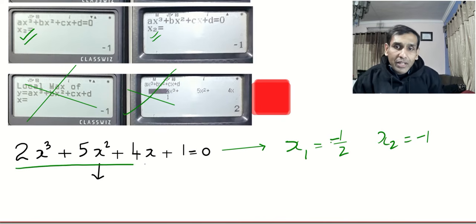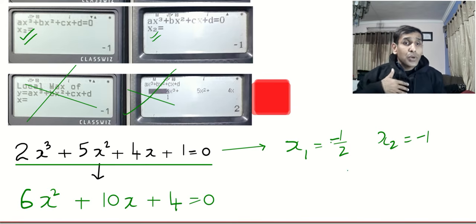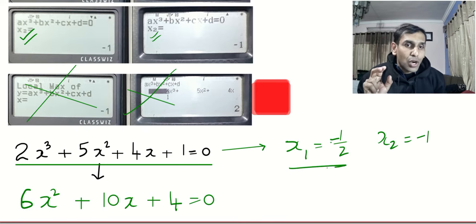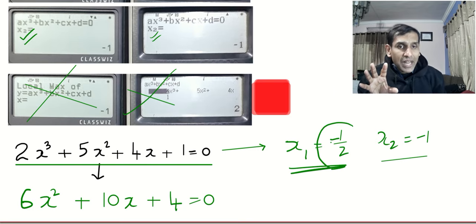Now you differentiate the given equation. That gives me 6x square plus 10x plus 4 is equal to 0. I know that a cubic equation will have 3 roots, but I got only 2 roots from the calculator. So one of them will be repeating. So all I have to do is plug in this root into the derivative.